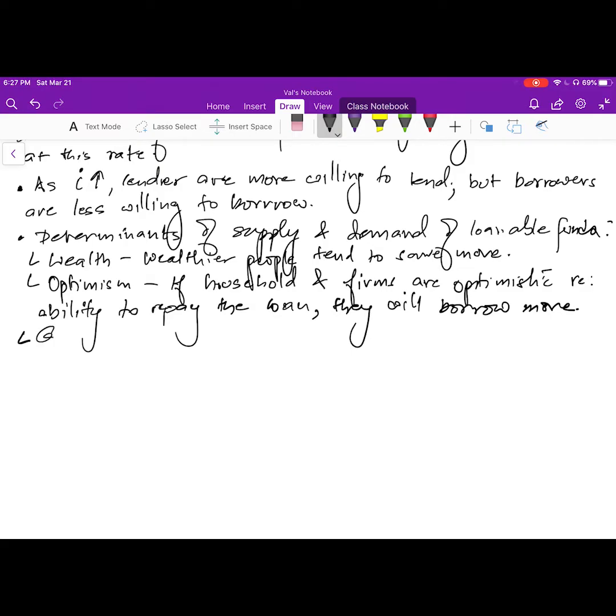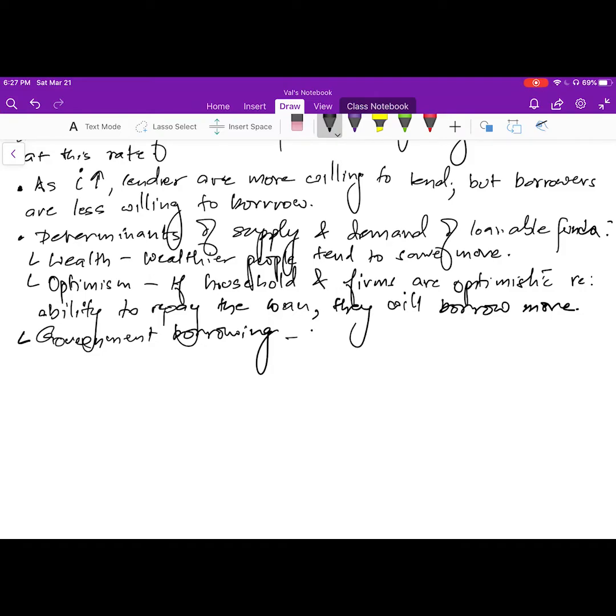So government borrowing, right? This is an interesting piece. Government borrowing actually decreases the supply for loanable funds because think about loanable funds as a big pot of money, and anybody and everybody can borrow from that pot of money. The problem is when governments borrow too much from that pot, very little is left for investors to borrow. So government borrowing is actually a deterrent to the supply of loanable funds.